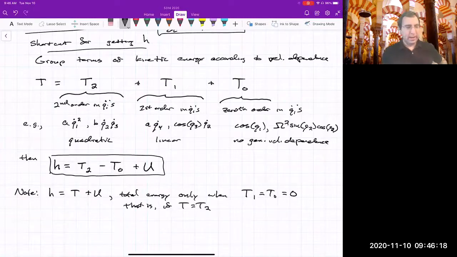Having a kinetic energy that is just quadratic in the generalized velocities, this has a name. It's called a natural system in some books.